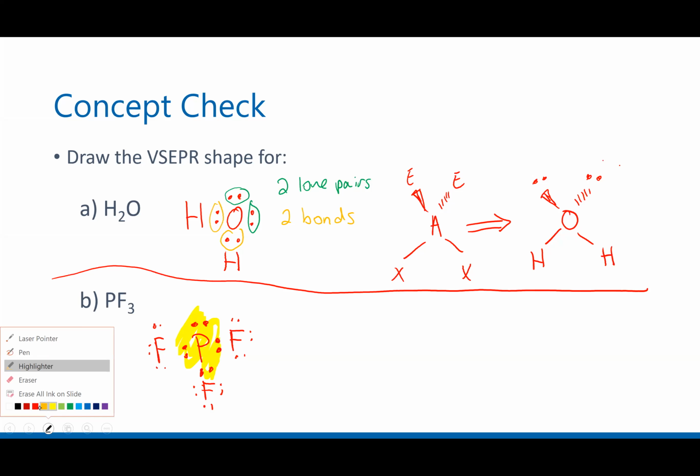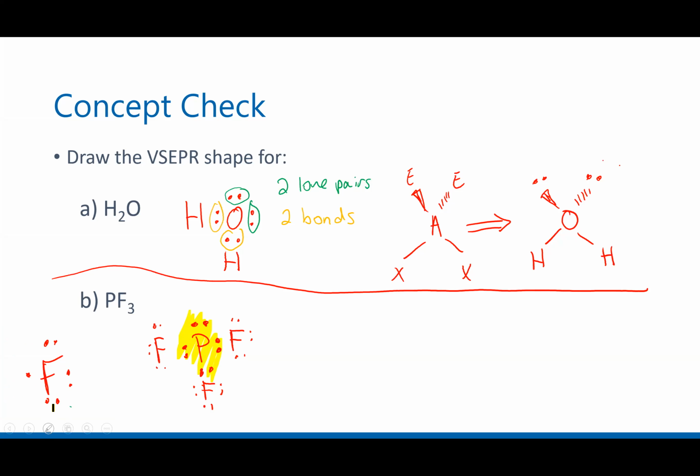I'm having pen problems here. Let me clean this up because I liked how it looked.